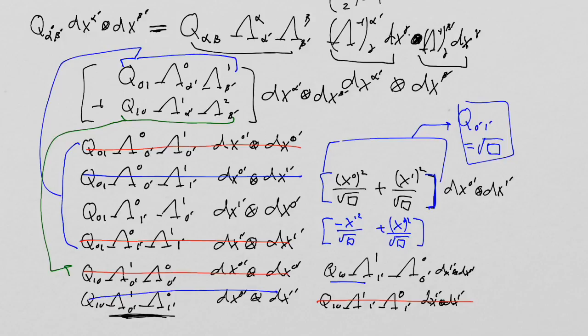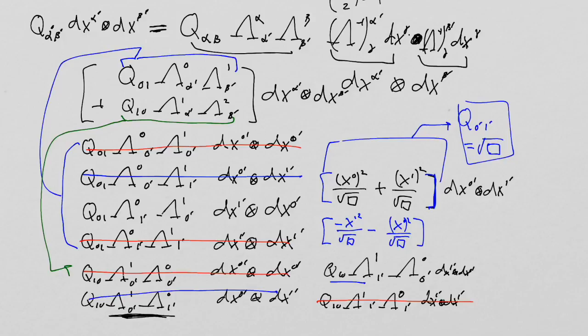But the x0 squared over root box, don't forget I've got this 1, 0 here, which is a negative 1. So that changes that plus sign to a minus sign.